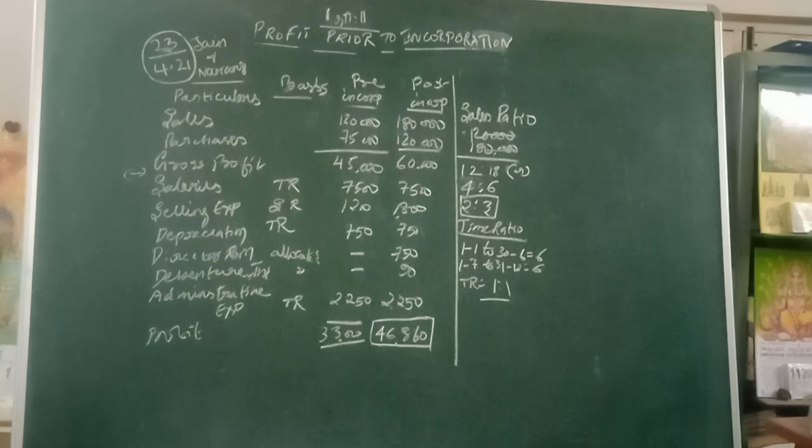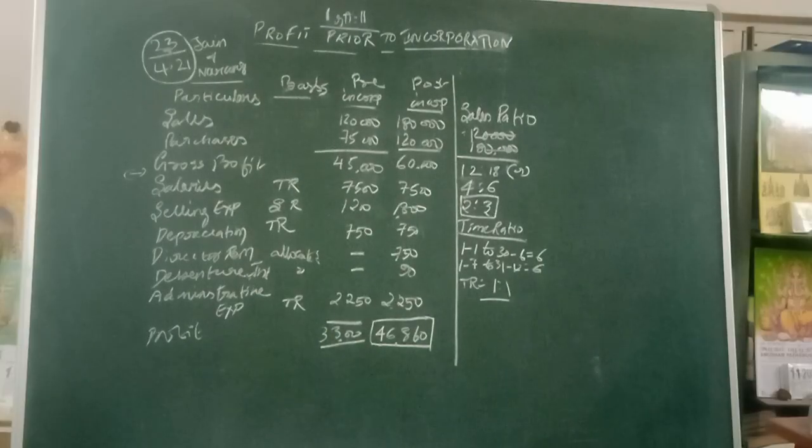So the post incorporation period is 1st July to 31st December, because it is specifically given that you start the business on 1st January, and the year end for the business is 31st December. So 1/1 to 30/6 is 6 months, then 1/7 to 31/12 is another 6 months. So 6 is to 6, that is 1 is to 1, or you simply take it as equal ratio. Now we will take the expenses.